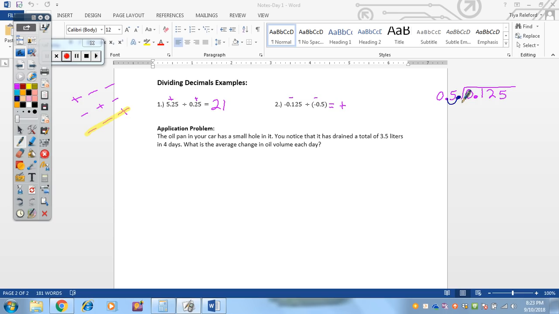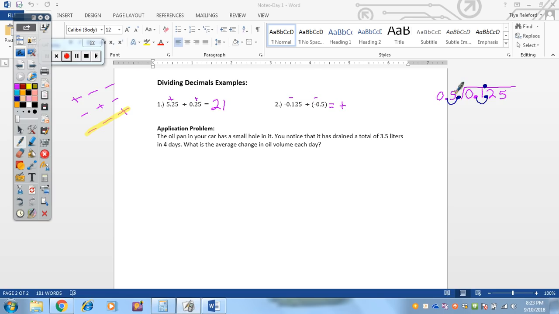How many times did I move it this time? 1. So that means I move this one 1 time. And take that decimal straight up. So in the box, I have 2 numbers before and 2 numbers after the decimal. On top, I need 2 numbers before and 2 numbers after.